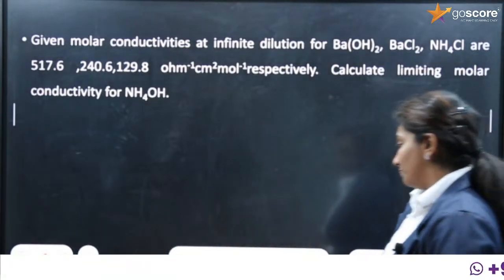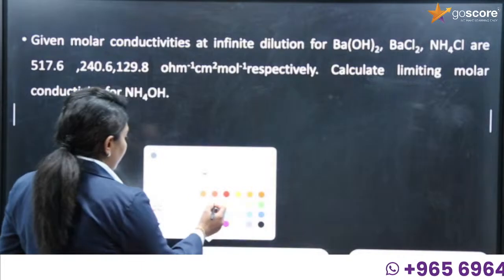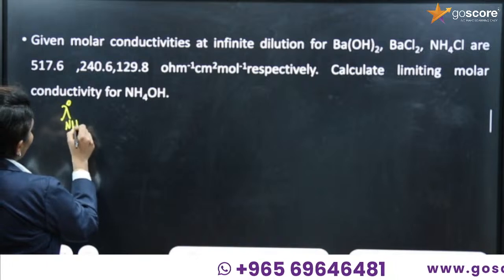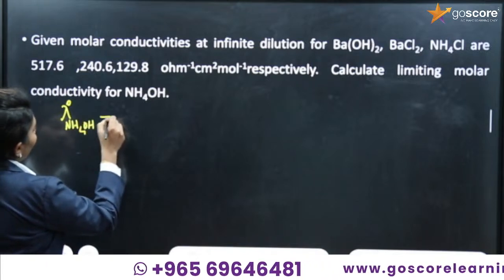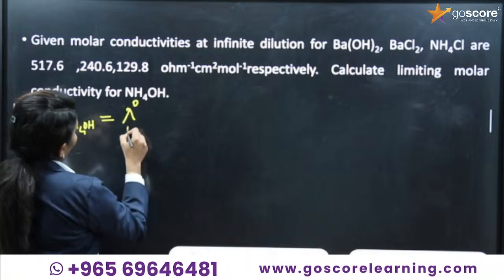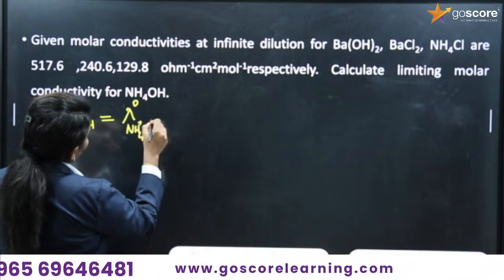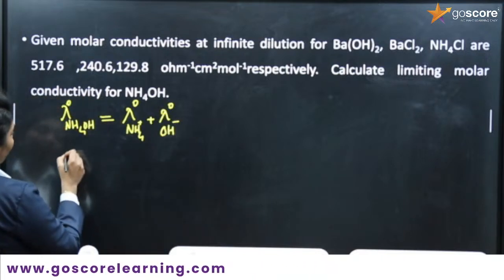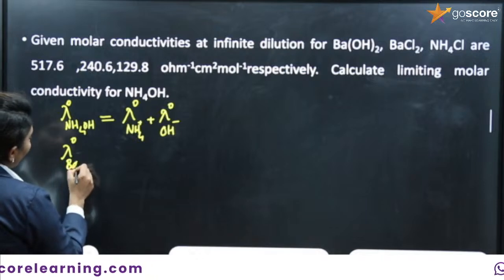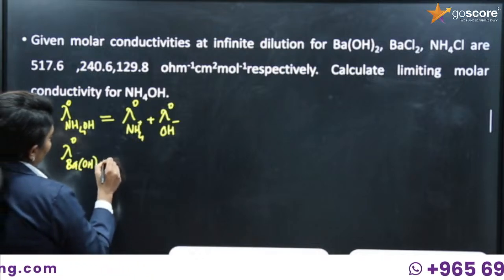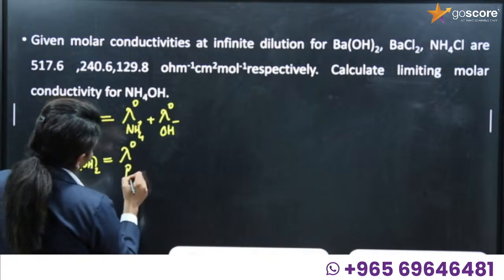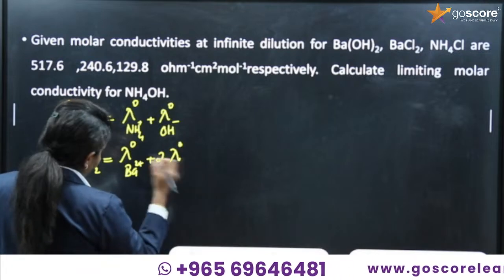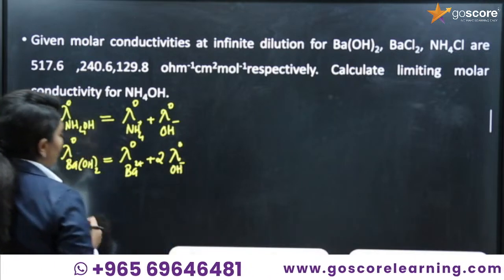See here, first you write the equation for the limiting molar conductivity of ammonium hydroxide, which will be equal to the ionic conductivity of NH4 plus plus the ionic conductivity of OH minus. And in the question, what is given: the limiting molar conductivity of Ba(OH)2 is equal to the ionic conductivity of Ba2 plus plus 2 into the limiting molar ionic conductivity of OH minus, right?